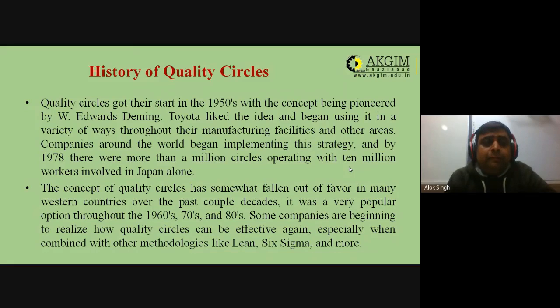Companies around the world began implementing this strategy, and by 1978 there were more than 1 million circles operating, with 10 million workers involved in Japan alone. The concept of quality circles has somewhat fallen out of favor in many Western countries over the past couple of decades.